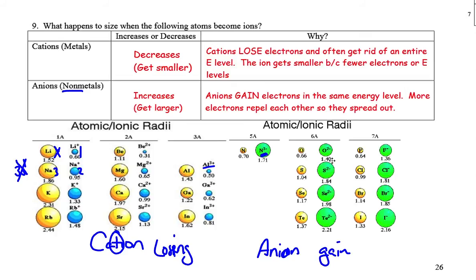They spread out. Over here, you only stuff 2 extra electrons in there. So they spread out, but not as much as the ones with 3. And this one only gains 1 electron. So you put an additional electron in there, and again, they spread out, because all those additional electrons that you add in there all repel each other. So they spread out. So these anions become bigger, cations become smaller, and hopefully you understand why.